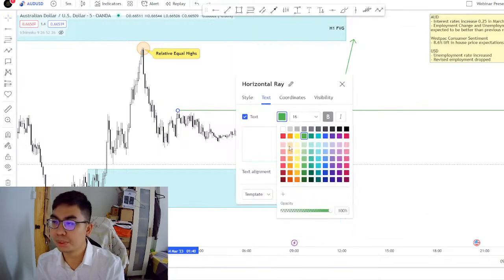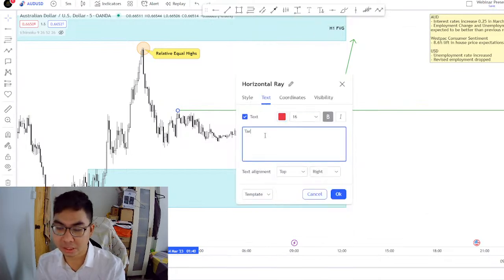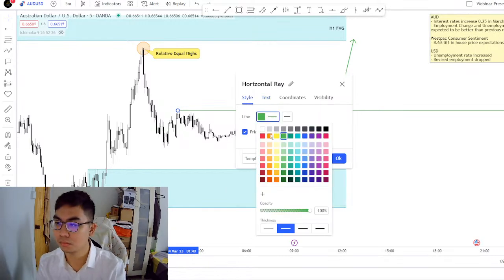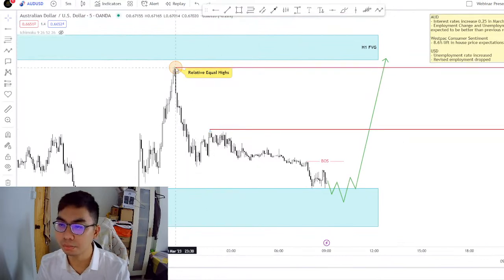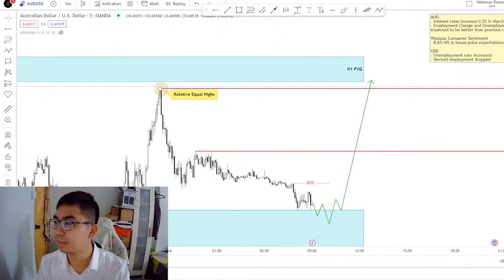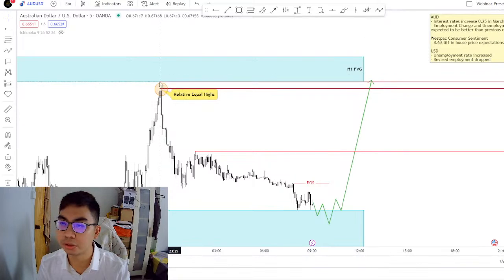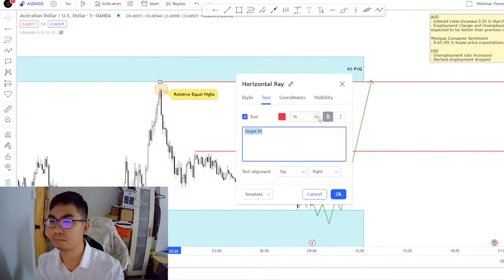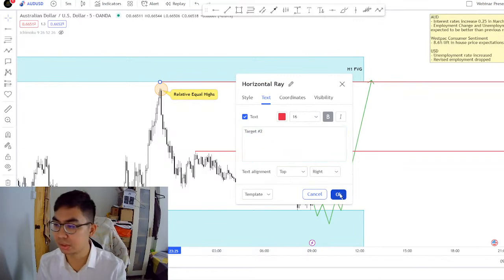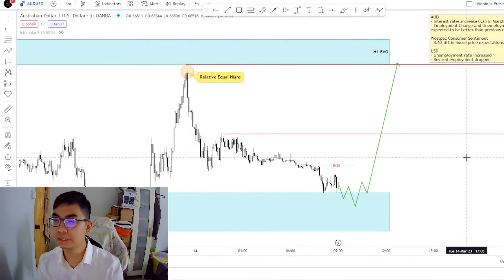This would be my first target, target 1. Target 2. And my final target 3, which is the H1 fair value gap. Maybe I'll just put this as target 2. This is an area I'll be looking at.